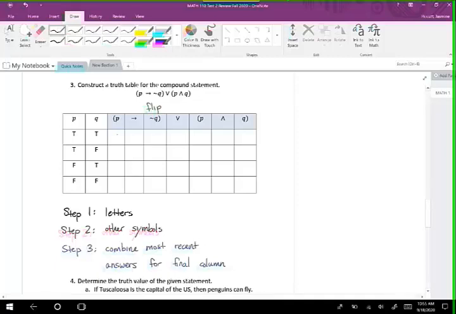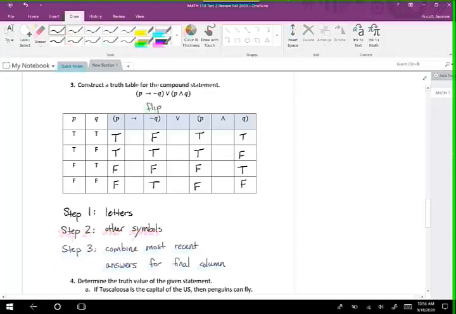So P is given as TTFF. Not Q is going to be the flip of the Q column. So instead of TF, I'm going to have FT. And then I have TTFF again, and then Q is TF.